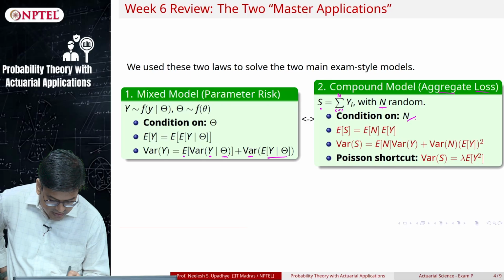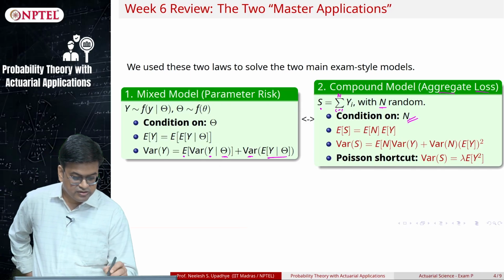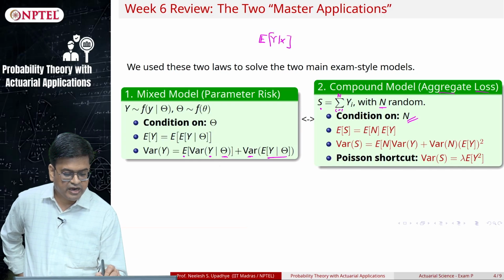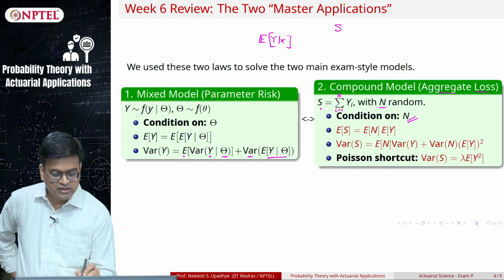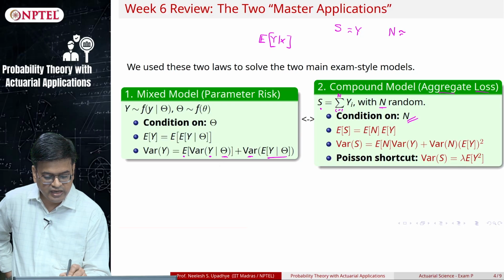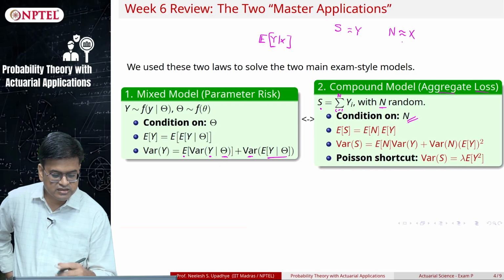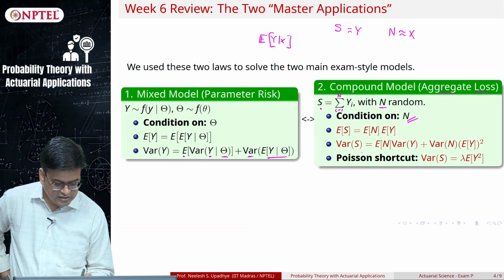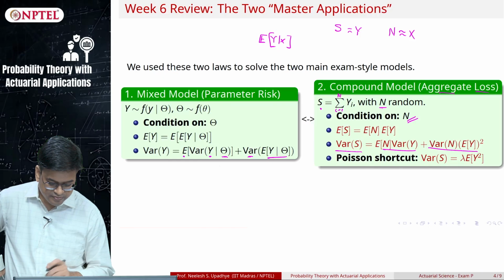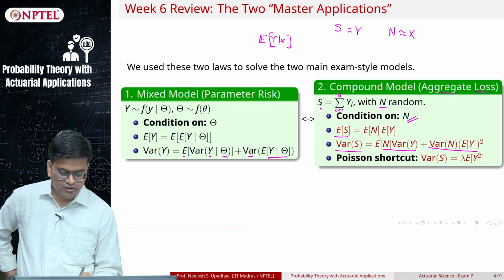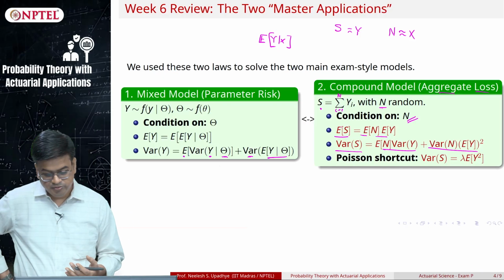For example, we were conditioning on n, so in the expected value of y given x, we were identifying s with y and n with x. These are our identifications, and once we identify that, you can easily see this becomes the formula for the law of total variance, and this becomes the formula for the law of total expectation or the Tower property.